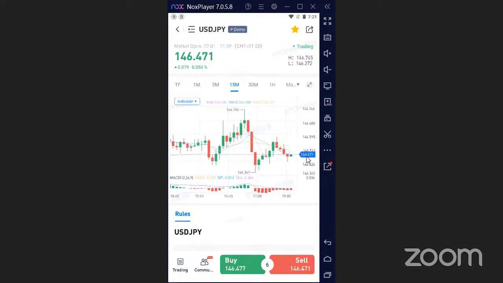So look here, we have 146 point. We have 3 digits before the point, then 3 digits after the point. Remember in EUR/USD, we have just 1 digit, point, then other digits. But in this case, we have 3 digits before the point. Now, how do you count a pip here? The difference is that it is the second digit after the decimal point.